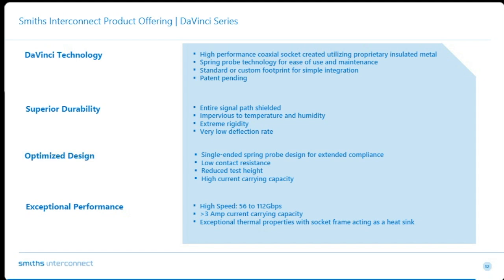A majority of those applications are going to fall under this product line? Yes, due to the challenging signal paths, the pin maps may not be all that friendly for a standard socket. So to get high speed with low crosstalk, we need the coaxial structure. Great.